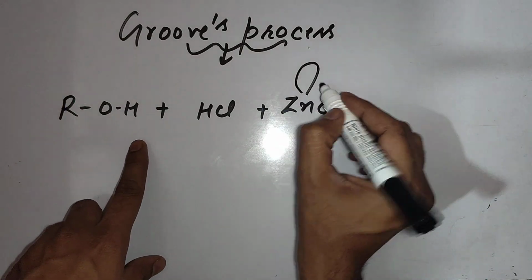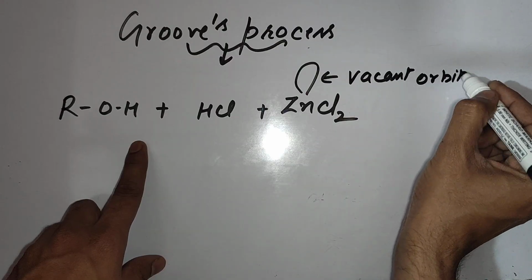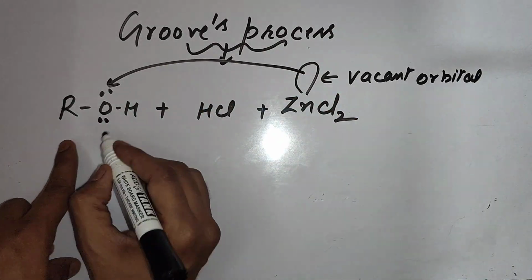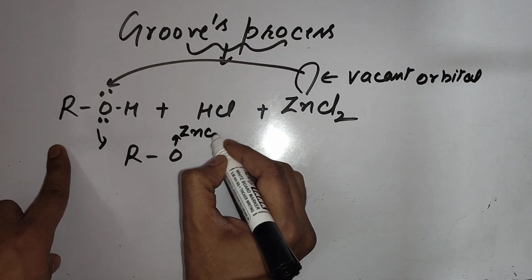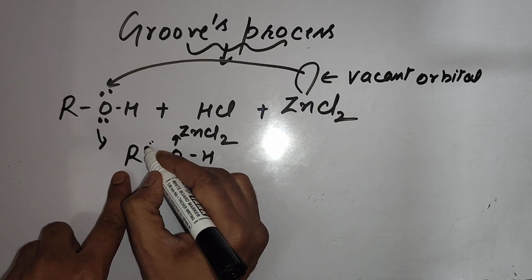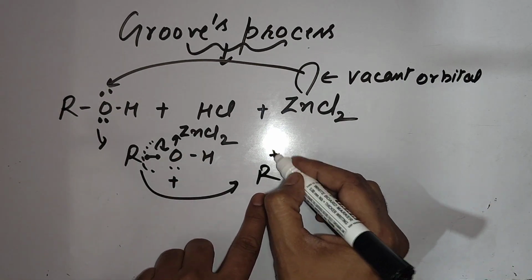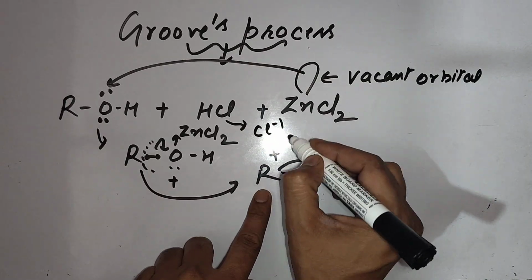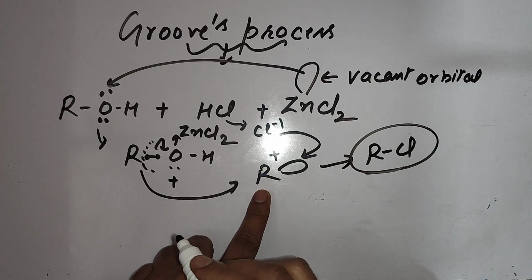Zinc was giving vacant orbital. That vacant orbital was attacking on the lone pair of oxygen, due to which this oxygen will become unstable and it will quickly break bond from R and carbocations will generate. These carbocations were attacked by Cl negative ions which are coming from HCl and RCl was generated.